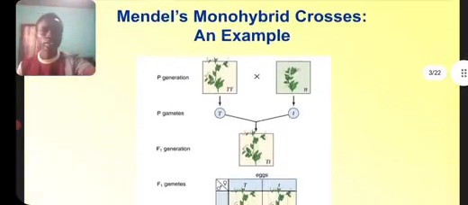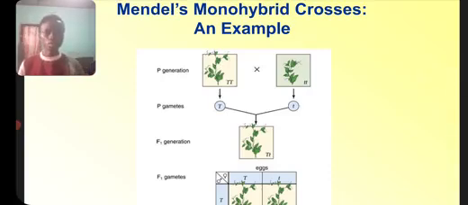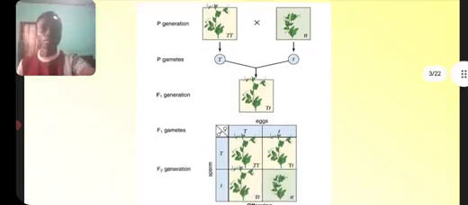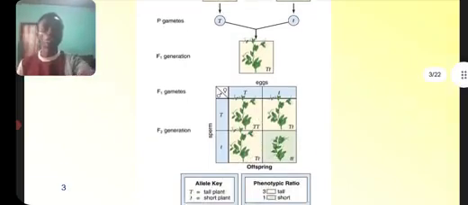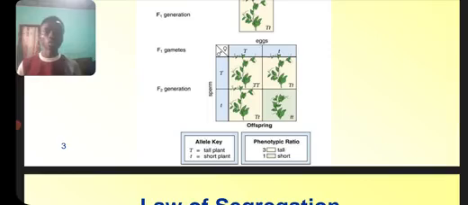So we're going to look at this example of the monohybrid cross. We're seeing the parent generation, the tall plants being crossed with the short plants, and the formation of the gametes. Then using the Punnett square, we can see that the offspring are in a ratio of 3:1, where 3/4 of them are tall, and there is a 25% chance of having a short plant.